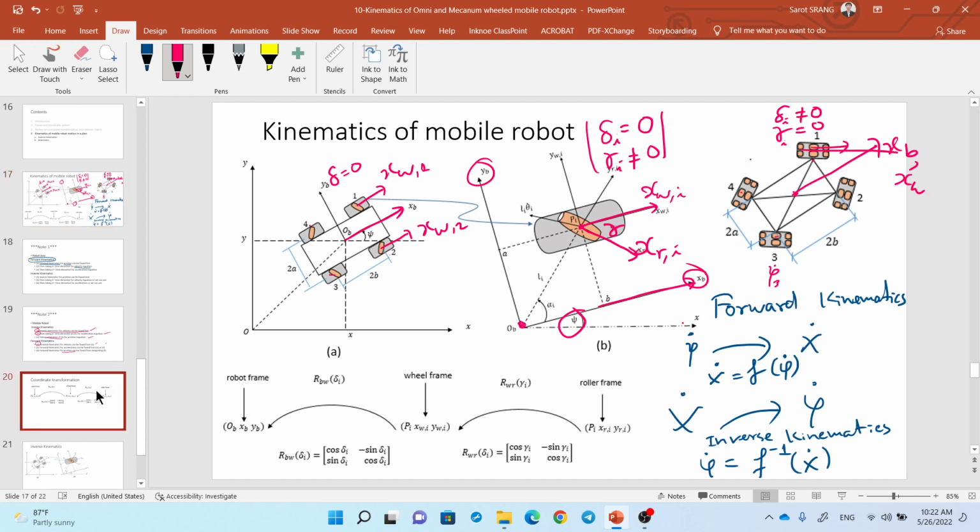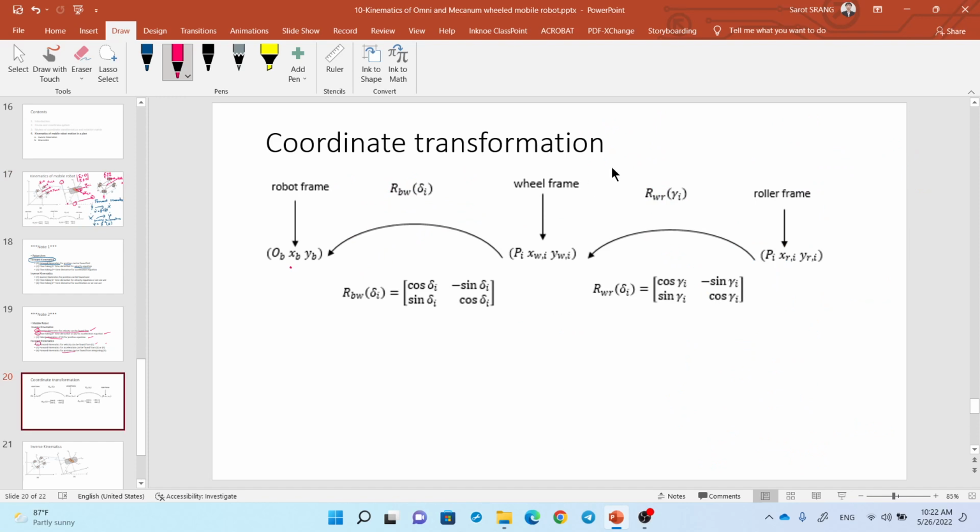So it's very important to know how we can transform coordinates from one frame to another. Let's say I want to transform coordinates from roller frame to wheel frame. I can apply rotation matrix of gamma angle, because roller has angle with respect to each wheel by gamma.